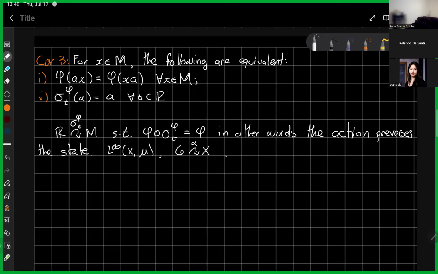And so this condition at the end is pretty much telling you that alpha of S preserves the measure. This condition above, the one coming from the state here, is telling you that it's measure preserving.